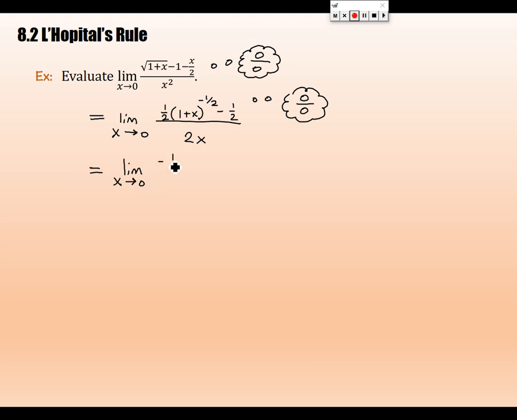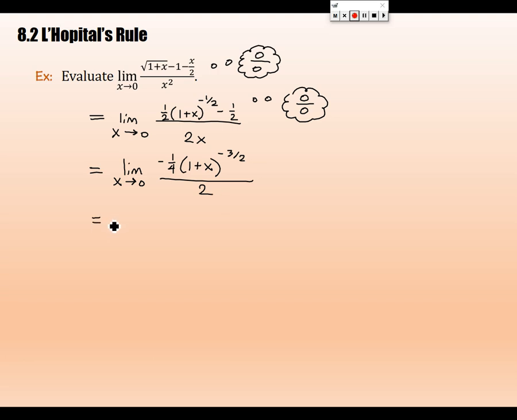Here we go. Negative 1/4, 1 plus x to the negative 3/2, minus 0, all over 2. Well, now are we ready finally? Yes. Okay, I think we can do it. It's not indeterminate anymore. Plugging in 0 is not a big deal. Even though we've got this messy power, that just comes out to be 1 up there.